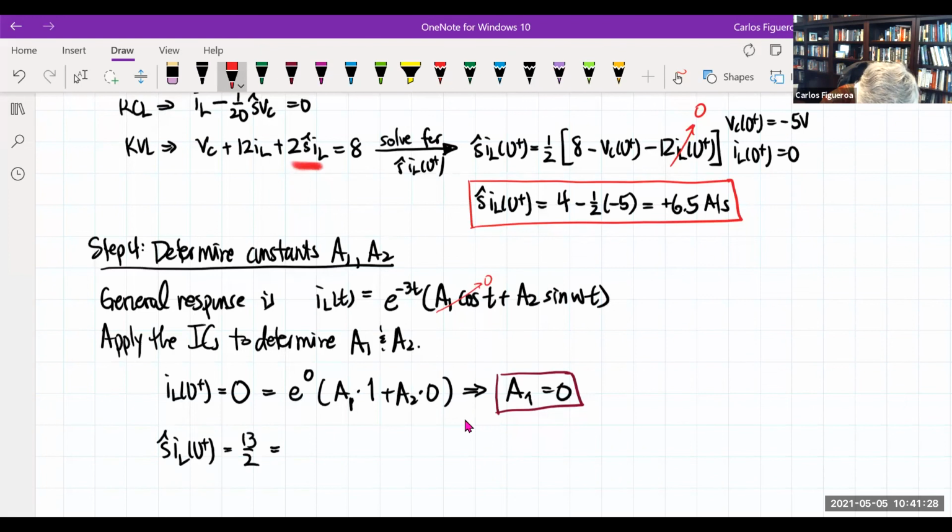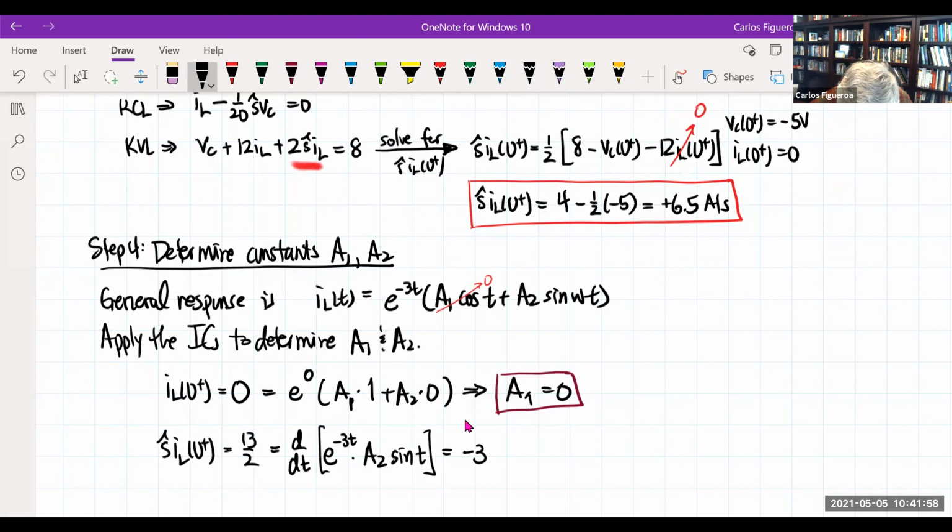So I'm really taking the derivative of this guy now. So I'm going to take the derivative of e to the minus 3t times A2 sine of t. So if I take the derivative of this guy, it's got to be what? Minus 3.